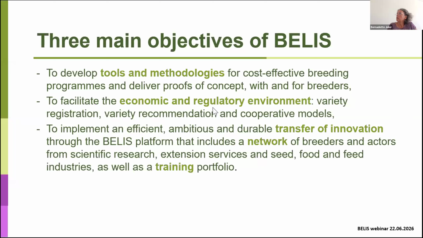So the three main objectives of BELIS are to develop tools and methodologies for cost-effective breeding programs and deliver proofs of concept with and for breeders. It's also to facilitate the economic and regulatory environment, so for variety registration, variety recommendation, and cooperative models, and also to implement an efficient, ambitious, and durable transfer of innovation.